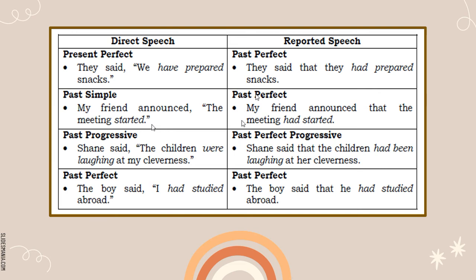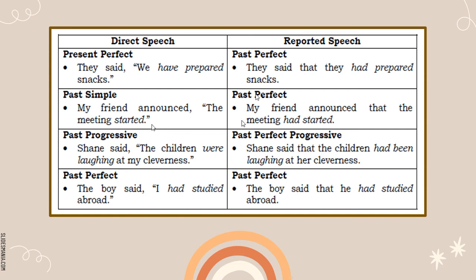Okay? So next we have the past perfect. For the direct speech example, the boy said, "I had studied abroad." Okay? For the past perfect, the boy said that he had studied abroad. Okay? From the words had studied to past perfect had studied.